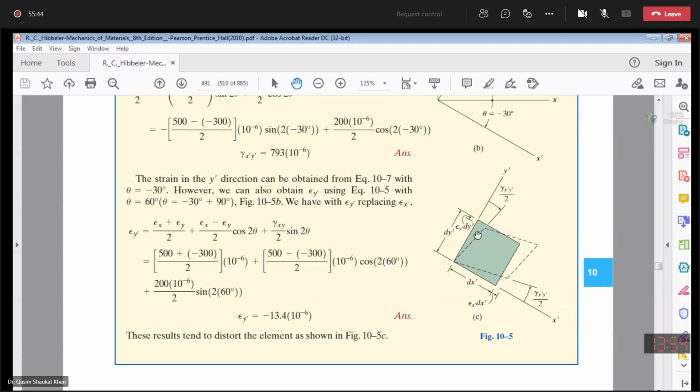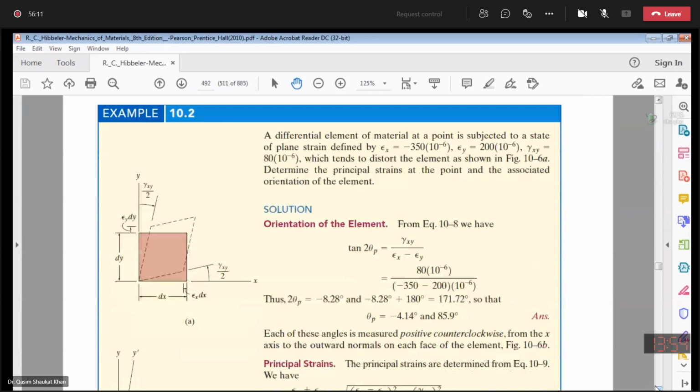You can see this over here. You have to show epsilon x dash and epsilon y dash. They are already showing epsilon y dash dy dash negative and epsilon x dash dx dash positive. Shear strain is also positive, gamma x dash y dash over 2. Next question.